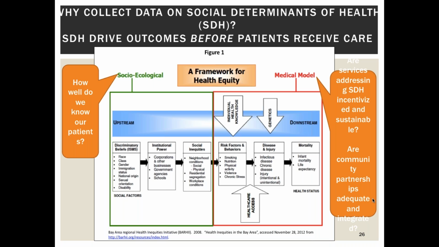So if we're really looking to make an impact on patients' ultimate health outcome, what we can't do within the health center is only address the clinical symptoms that they are presenting us with inside the patient-provider room. We need to have a better understanding of what are those barriers that are already affecting their health-seeking behavior, their responses to the interventions that we're prescribing them at the health center. So really have a better understanding, what are the things that are already affecting them before they walk in through the door.